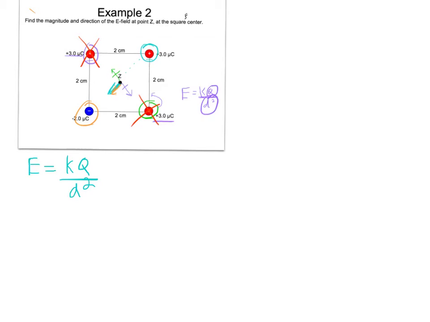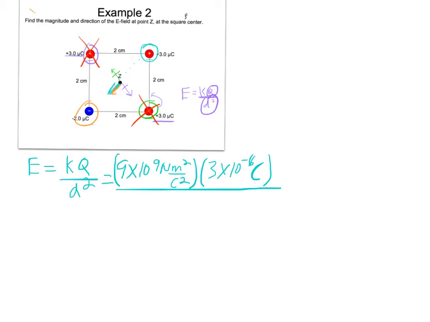And if I fill in that info, 9 times 10 to the 9th newton meters squared per coulomb squared. The teal charge is 3 times 10 to the negative 6th coulombs. Okay, so this distance is going to be a bit tricky. Notice that it's not 2 centimeters away.